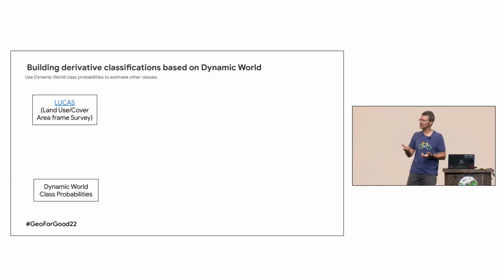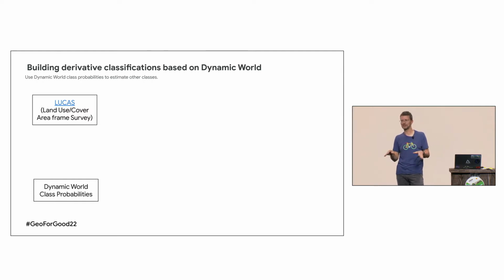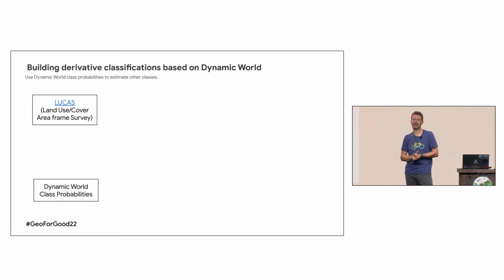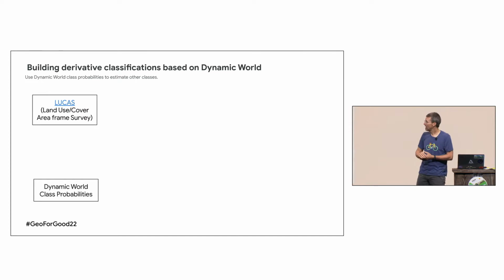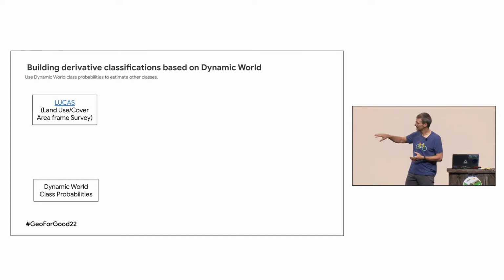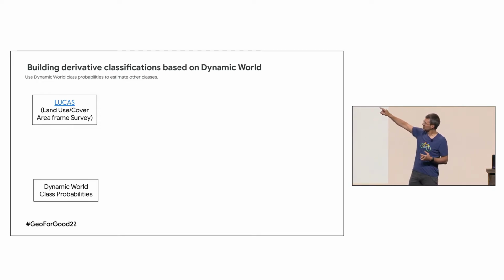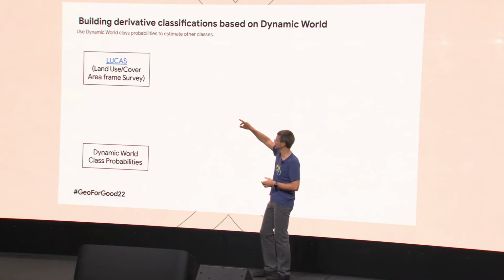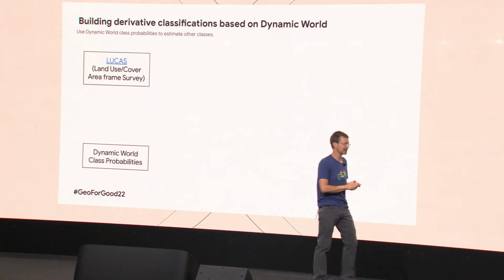Even though it does have these 9 class probabilities, we're going to ignore that they are probabilities for particular classes. We will throw away the information of what classes they represent and use them just like bands that a satellite is acquiring. We'll call those the independent variables for the classification, and use them to train a classifier to predict our dependent variable, which in this case is a land use, land cover classification that comes from the Lucas survey data.